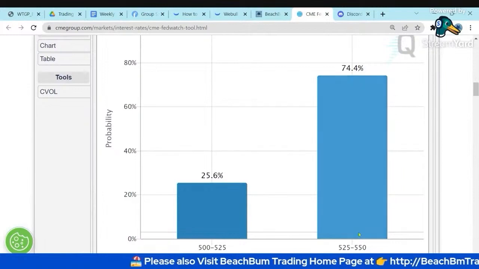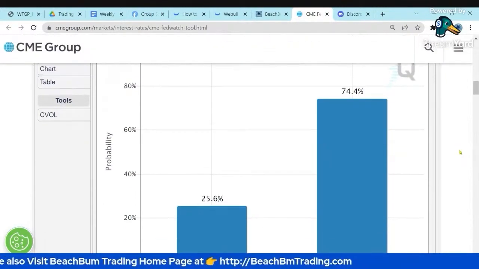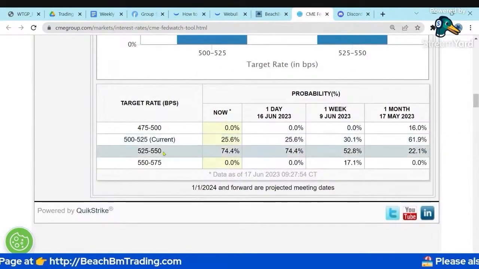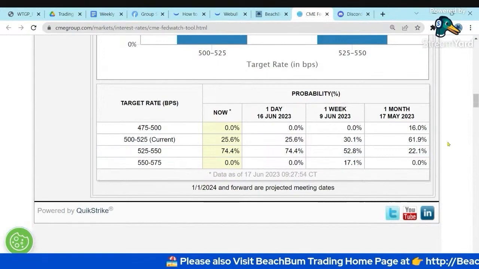So again, for July, probability of another 25 basis point hike. And probabilities went up significantly from last week.